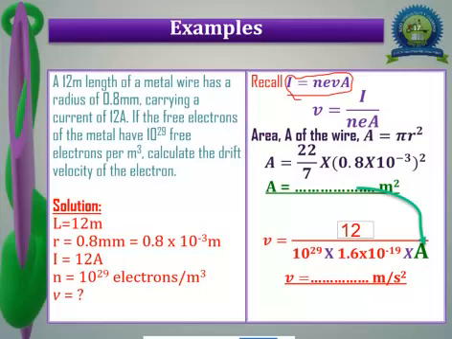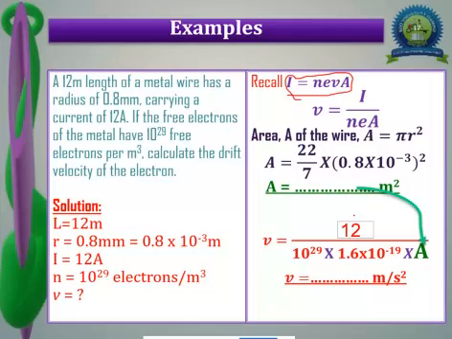Okay? So coming up here, we have to calculate the area. So area of the wire will be equal to what? Pi r square. Okay? So your pi is 22 over 7 multiplied by 0.8 times 10 raised to power minus 3 square. Punch your calculator. You will get the area and the unit will be meter square.